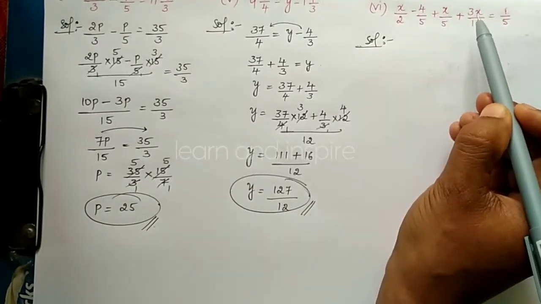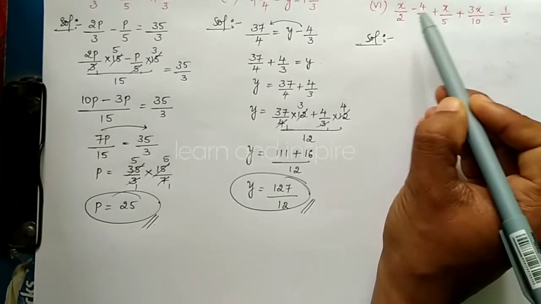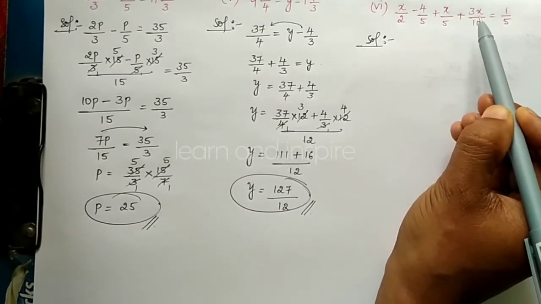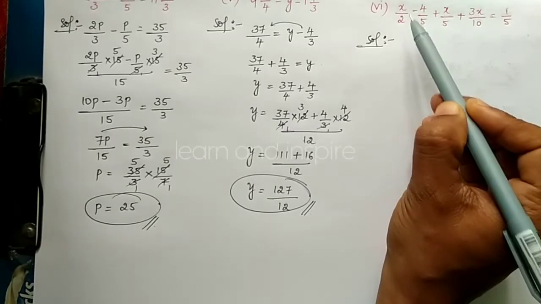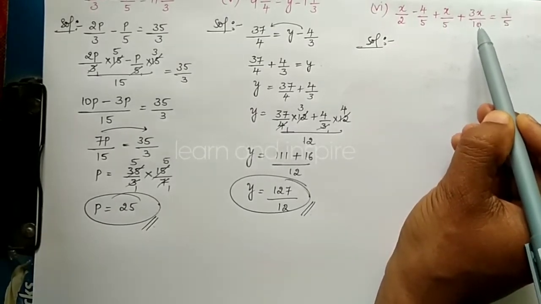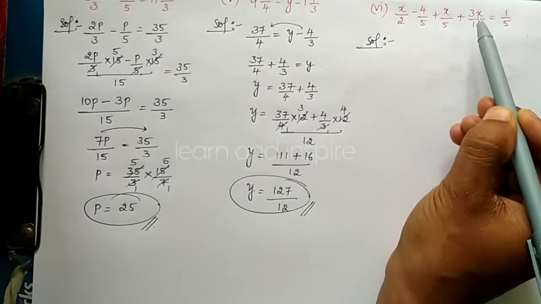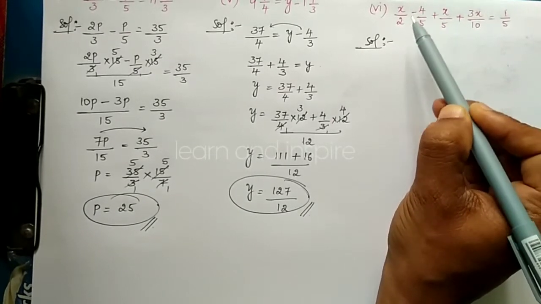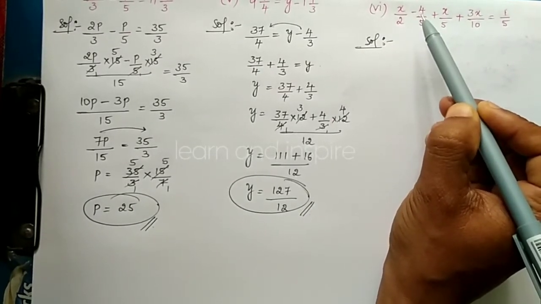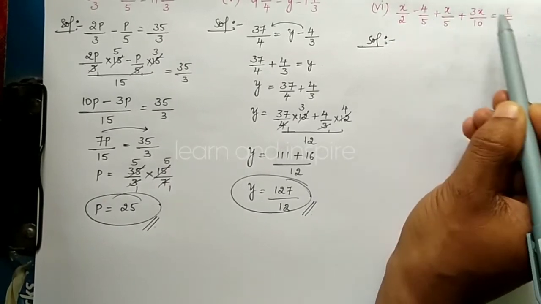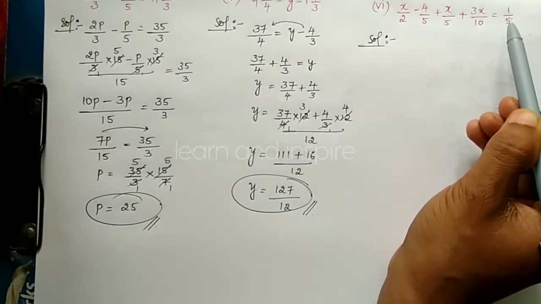Three terms have the same variable, which is x: x by 2, x by 5 and 3x by 10. And the constant term is minus 4 by 5. So first we have to transpose this minus 4 by 5 to RHS.